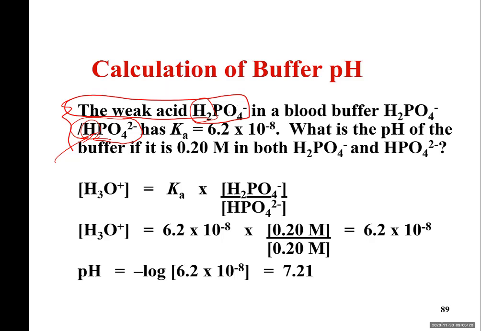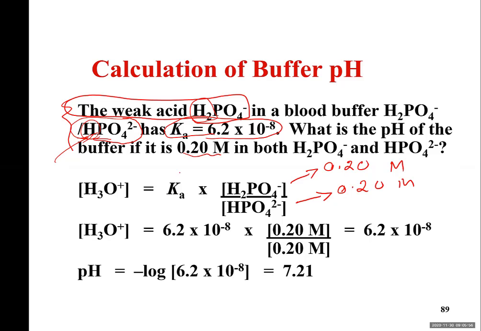So they are a conjugate acid-base pair. The acid ionization constant Ka is given to you. What is the pH of this buffer if we keep both of these concentrations, this is 0.2 and this is 0.2? These are moles per liter. So the concentrations of the conjugate acid and base are always given to you.